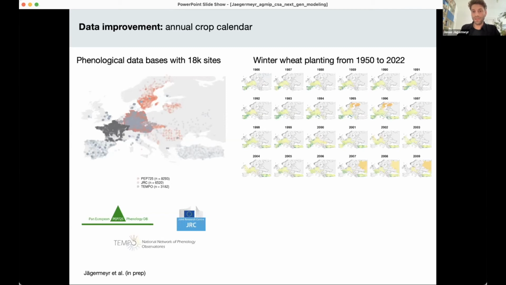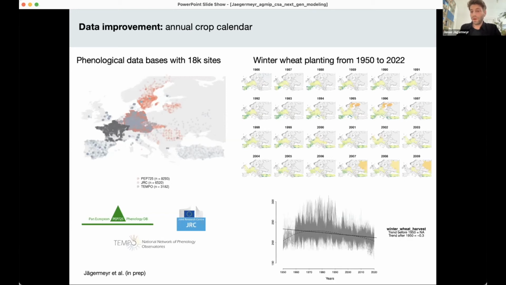We're processing these, harmonizing them, interpolating them, creating annual crop calendars from 1950 through 2020 that can then improve crop modeling. But at the same time, it allows us to derive time trends, which is very exciting, and is a data-driven, empirical product of climate change impacts on what's happening in the field.